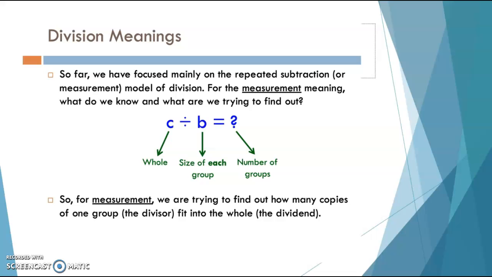So far, we've been focusing mainly on repeated subtraction or measurement. So that's the measurement or repeated subtraction model of division. For the measurement meaning, what do we know and what are we trying to find out? Again, C, the whole, divided by B, the size of each group, equals the number of groups.